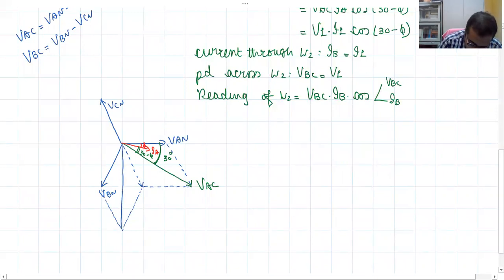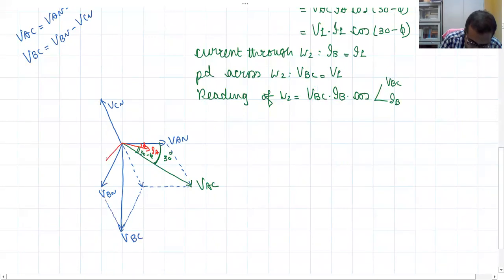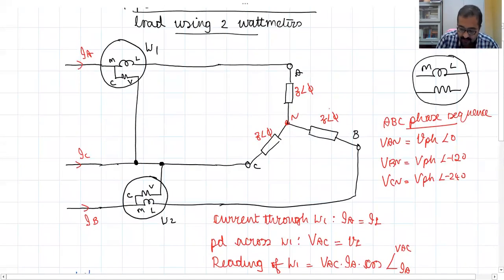Now where is IB? IB must be lagging VBN by what angle? By phi. So this is my IB, and this angle is phi. Angle of IA, IB, and IC, they all will be lagging the respective phase voltages by an angle of phi.